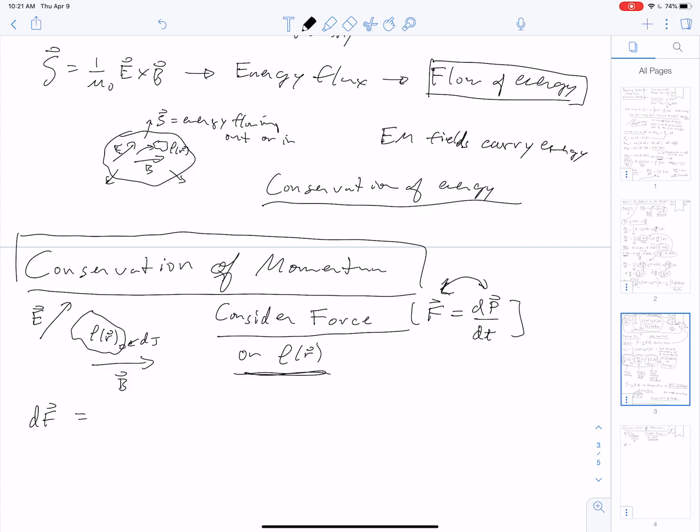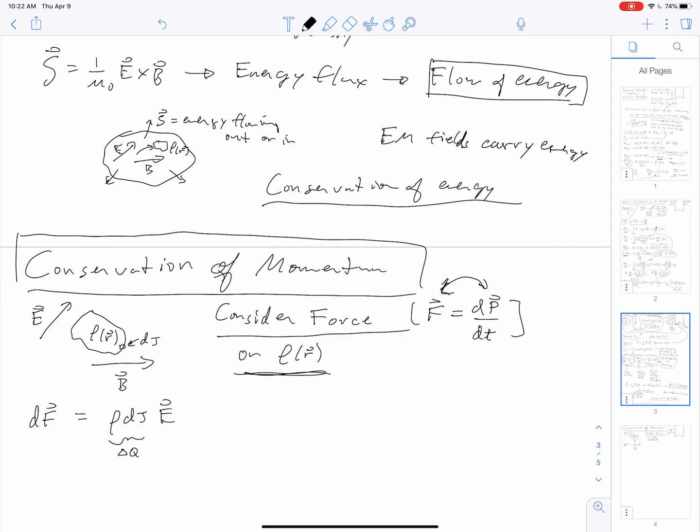If there's charge density in it, then I have rho d tau times the electric field, because that's the charge, dq, and the charge times the electric field is a force. But that charge might be moving too.